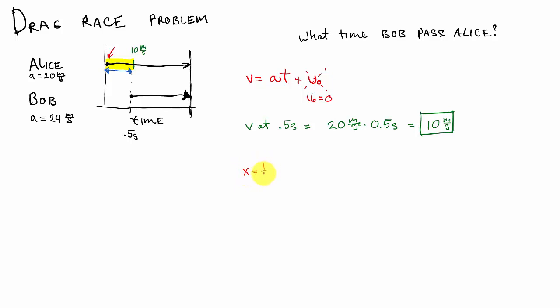X equals 1/2 velocity plus velocity initial multiplied by time plus position initial. Well, this point is 0, so it falls out automatically. Our velocity initial here is also 0, so this falls out. So we are left with our velocity final and time.